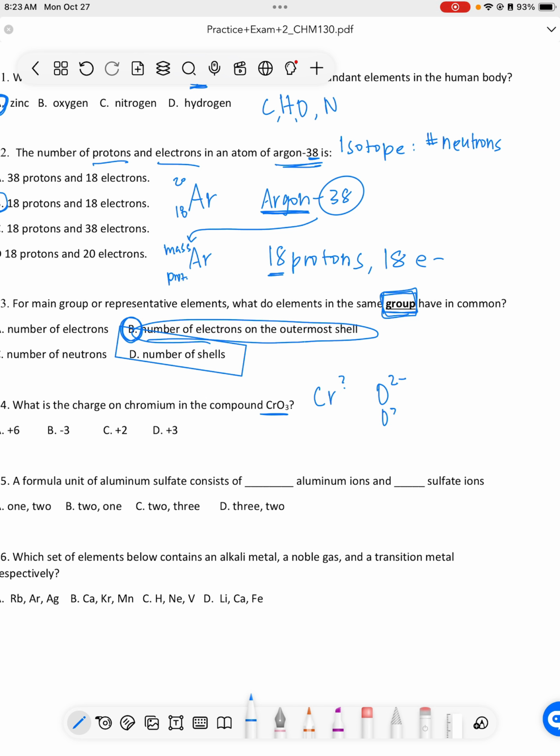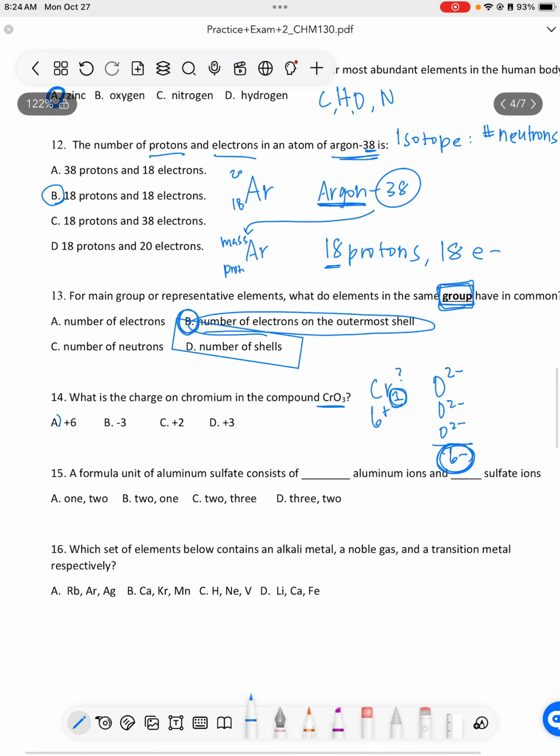We have 3. That gives us a total charge of 6-. Well, we have 1 chromium, and we need to neutralize a -6. How do we do that? We do that with a +6. So we look at how many chromiums we have. We have 1 chromium. Therefore, this chromium has to be a 6+ in order to neutralize the 6-. So that would be A.